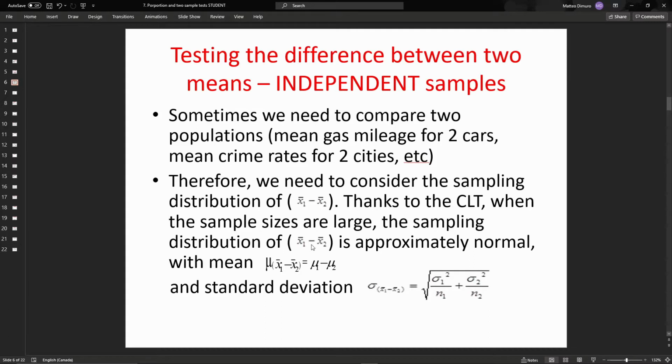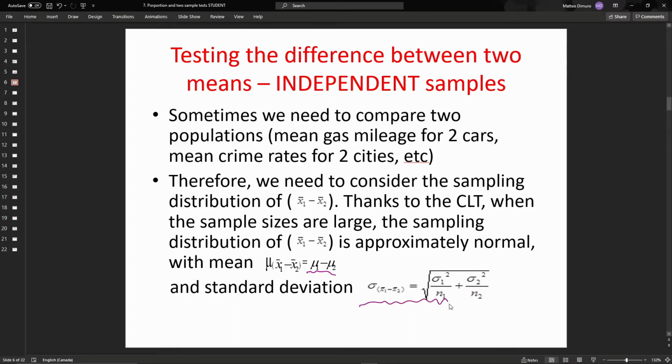We're going to consider the sampling distribution of the first population mean minus the second population mean. And thanks to the central limit theorem, when sample sizes are large, the sampling distribution of these two means being subtracted is approximately normal. What this is basically saying is that when the sample sizes are big enough, the sample means will be pretty close to the actual population means.